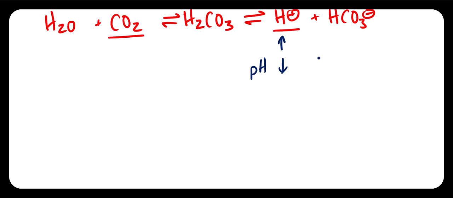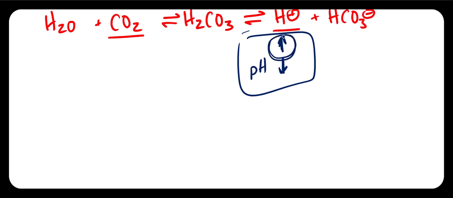But what I have seen in questions is once we start, this goes up, that goes down, this goes down, that goes up, it's easy to get on a roll and forget these two go opposite. So that's why I bring that up. So hydrogen ion goes up, pH is going to go down. Also, if hydrogen ion goes up, we're going to shift our equilibrium towards carbon dioxide and it's going to go up.